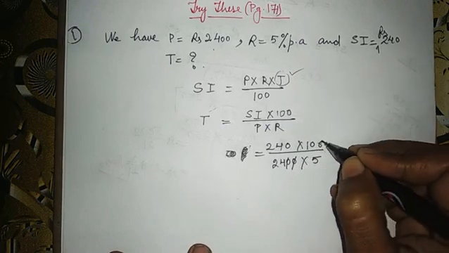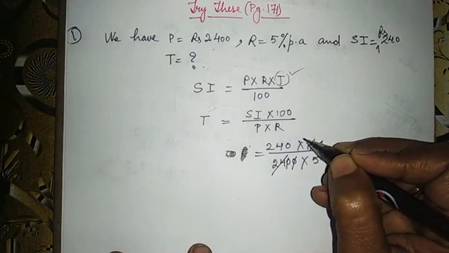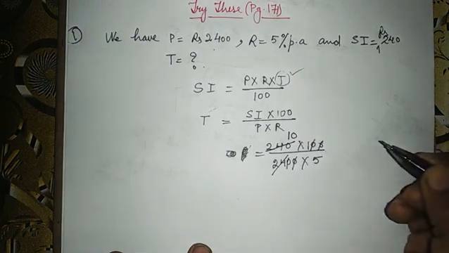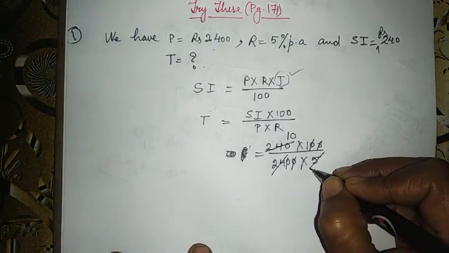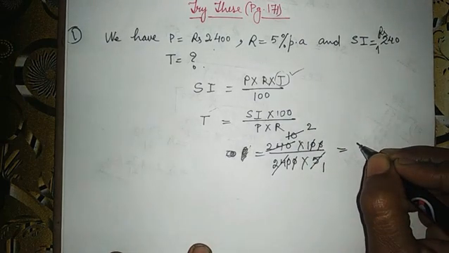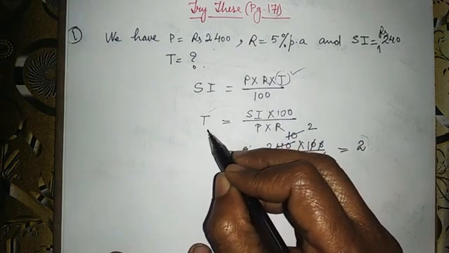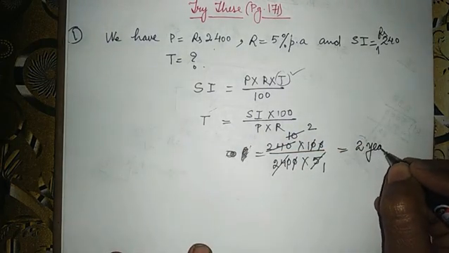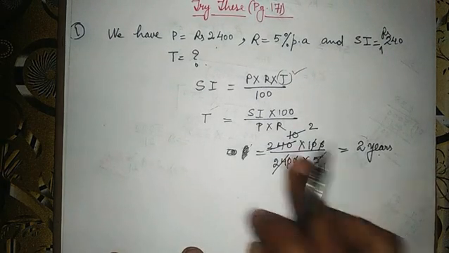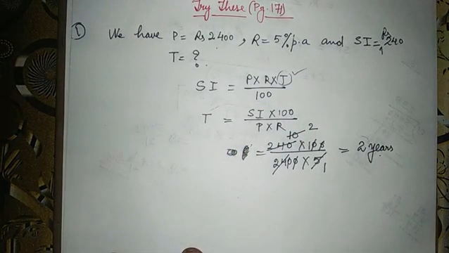This 0 and this 0, this 0, this 0 we can cancel. 24 ones are 24 and here 24 ones are 24, and this 0, and now 5 ones are 5, and 5 twos are 10, and 2 into 1, here what will come? 2. And here time we are calculating, so we will write years. So 2 years will come for this principal, rate and this simple interest.